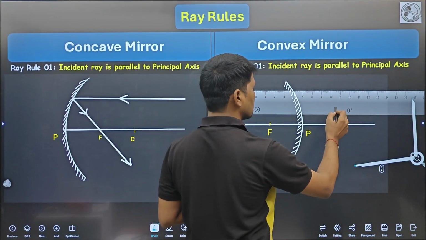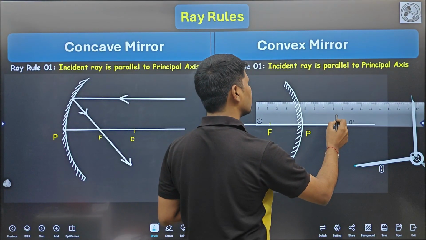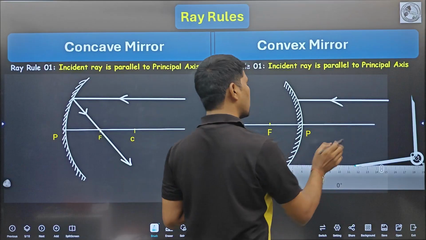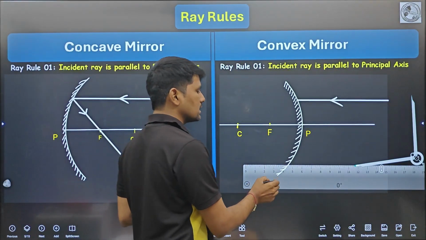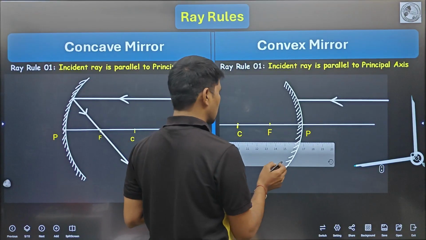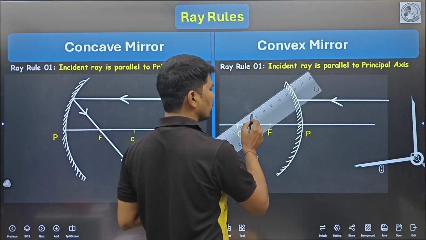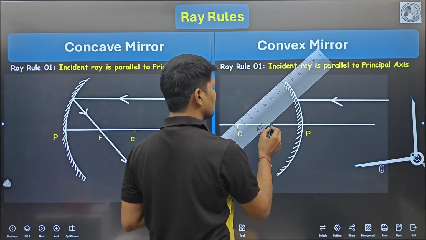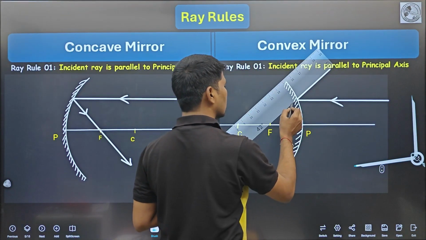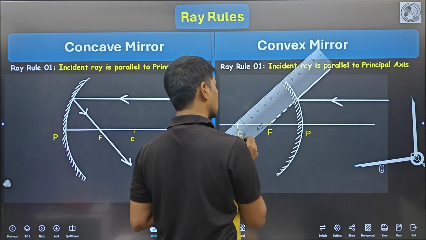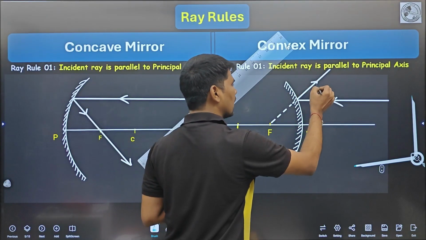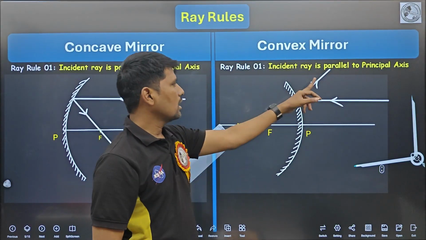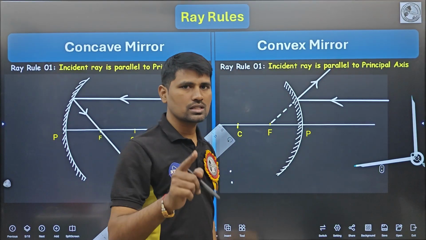If the incident ray is parallel to the principal axis, then what happens after reflection? It seems to be coming from the focus. You may have a doubt, right? After reflection it seems to be coming from the focus. See here, it diverges from the focus. The incident ray is parallel to the principal axis; after reflection, it seems to come from the focus F.